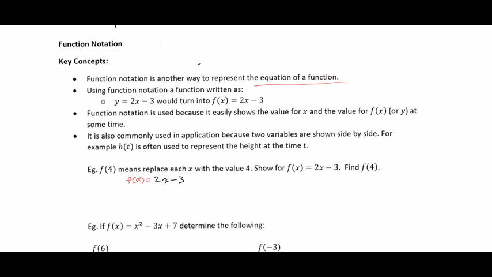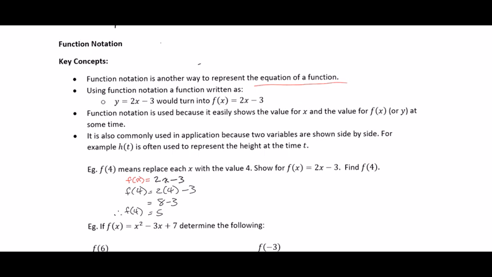When we do our substitutions, everywhere except for the f of x part, you're going to have to put your substitutions in brackets. So we get f of 4 is equal to 2 times 4 minus 3, which is 8 minus 3, which is 5. So we end up with f of 4 equaling 5.